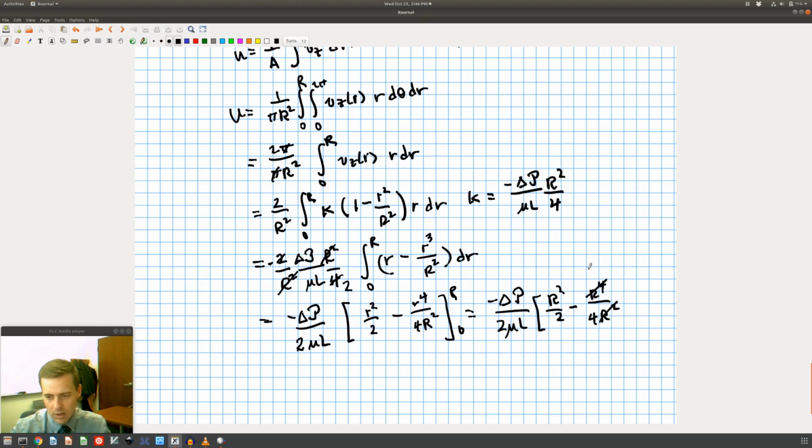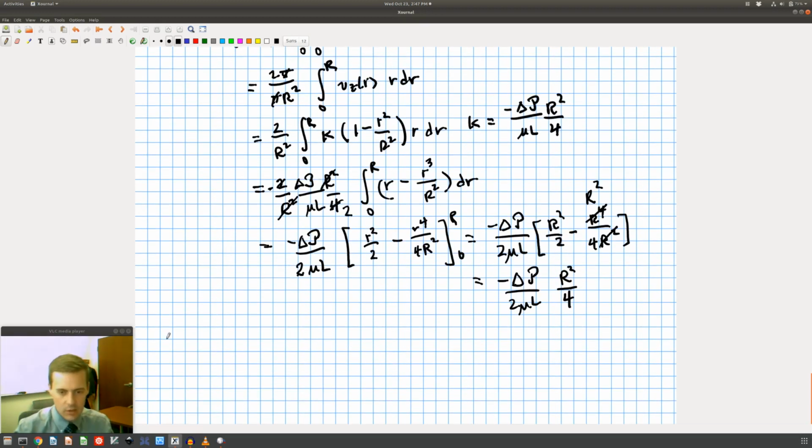Well, the R squared cancels with that to give me an R squared. And I get R squared over 2 minus R squared over 4. That gives me R squared over 4. So this is minus dynamic delta p over 2 mu L times big R squared divided by 4.